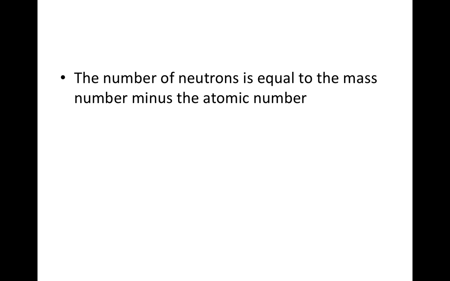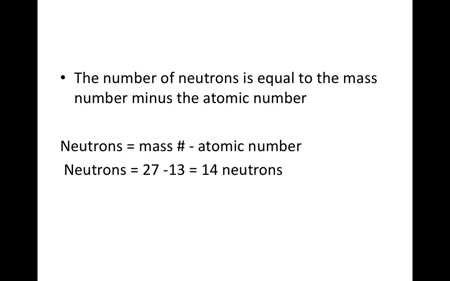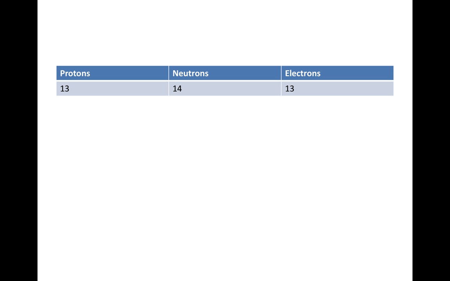The number of neutrons equals the mass number minus the atomic number. So that's 27 minus 13, which equals 14 neutrons. We can perform a final check: protons plus neutrons must equal the mass number. So 13 plus 14 equals 27, which is correct.